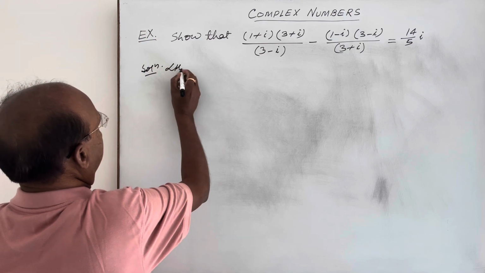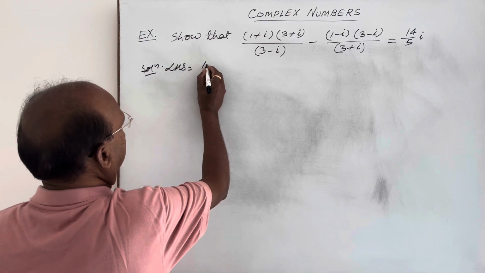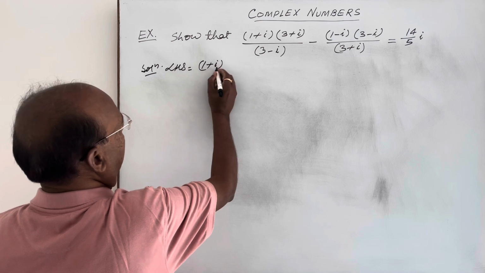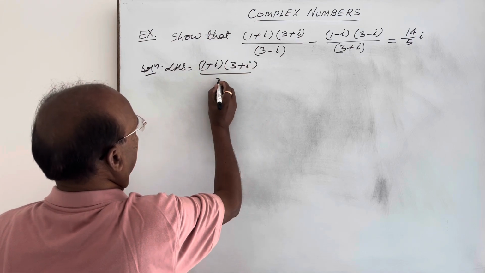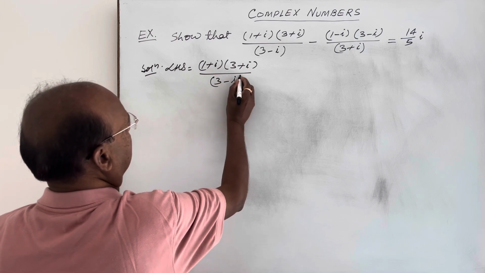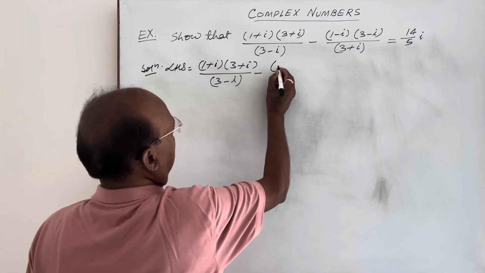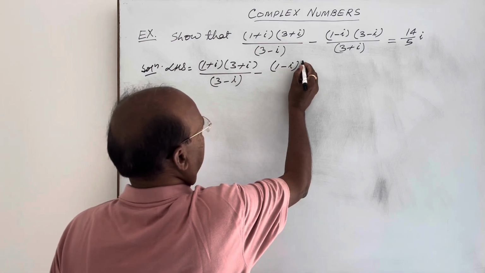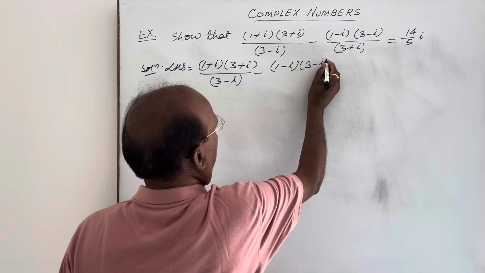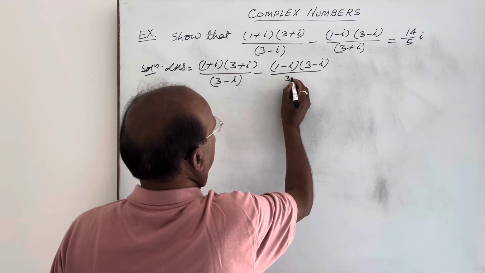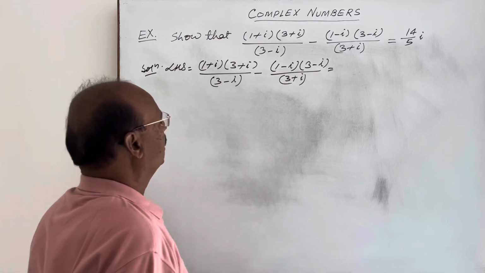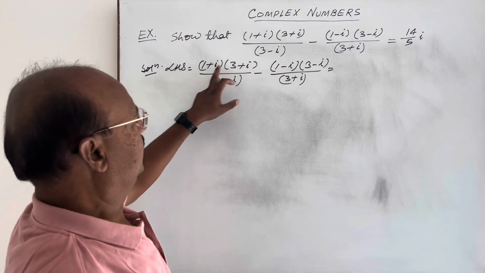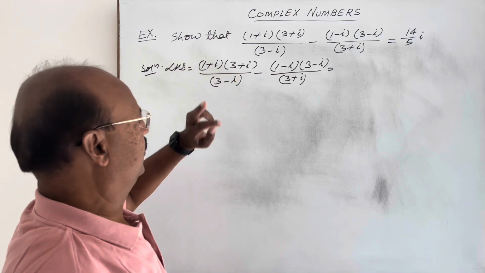Here left hand side is (1 + i)(3 + i)/(3 − i) − (1 − i)(3 − i)/(3 + i). First of all we'll multiply these two factors of this numerator.